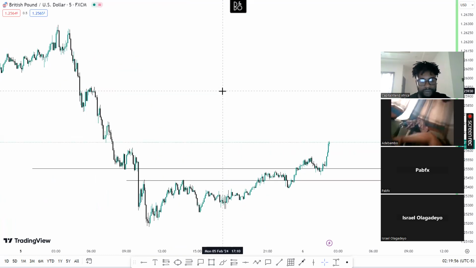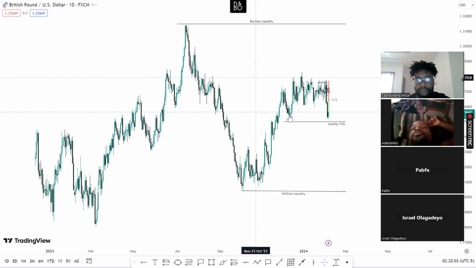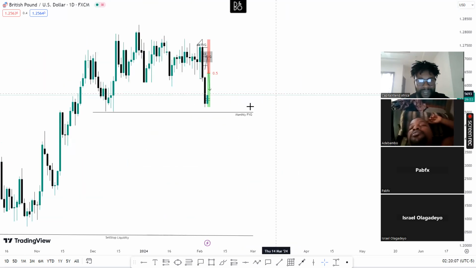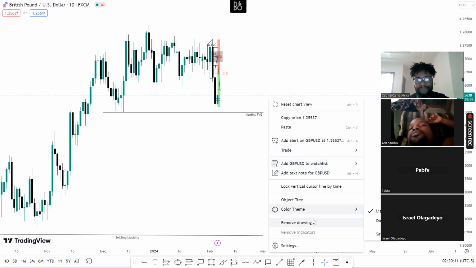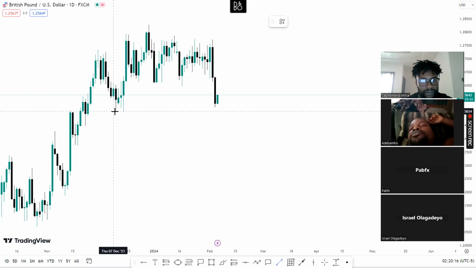GBPUSD, we are starting from the daily. Oh, GBPUSD is yet to take out the external range liquidity as well. Wow. So this is the daily time frame on GBPUSD.